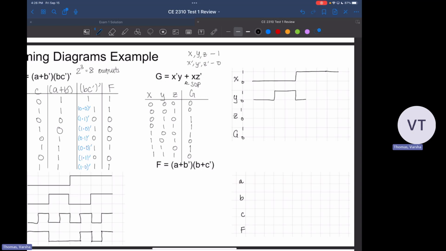Y is 0, 0, 1, 1, 0, 0, 1, 1. Z is 0, 1, alternating. That's what Z would look like. And then G is 0 for the first 2, 1 for the next 2, then 0, up to 1, and then back to 0. So that's what the timing diagram for G would look like.